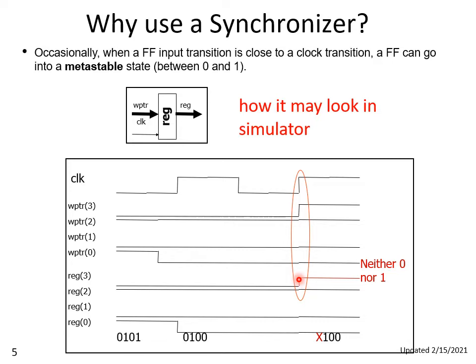The amount of time something is metastable is random, although typically it will settle out before the next clock edge. But I do also want to emphasize the fact that it's unknown does not necessarily mean it is metastable, although in a scenario like this it very well could be.